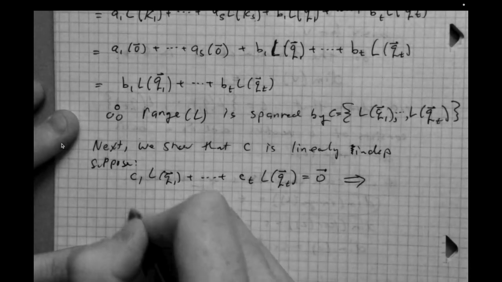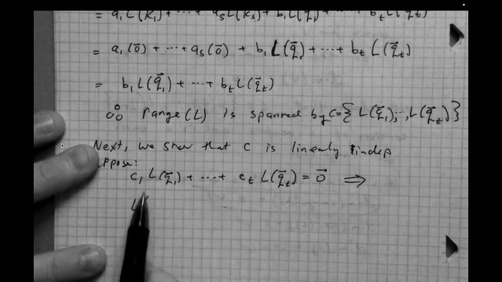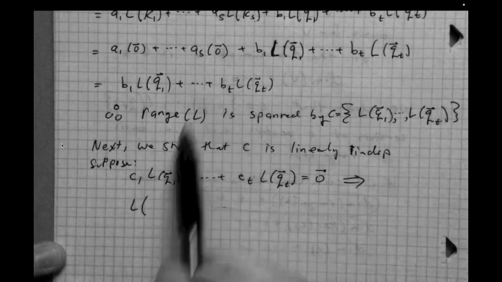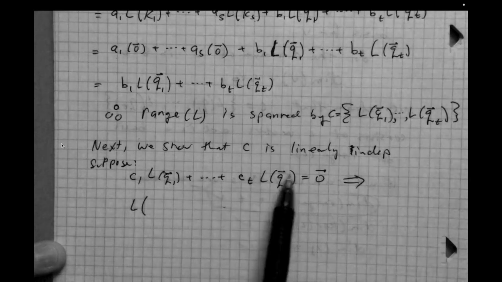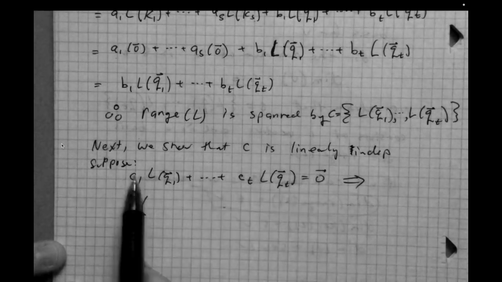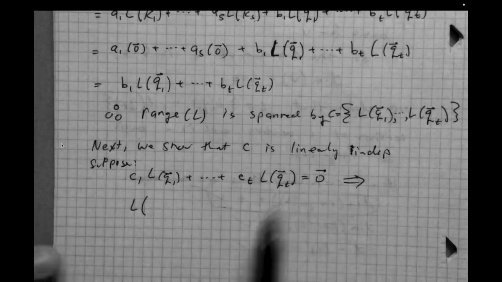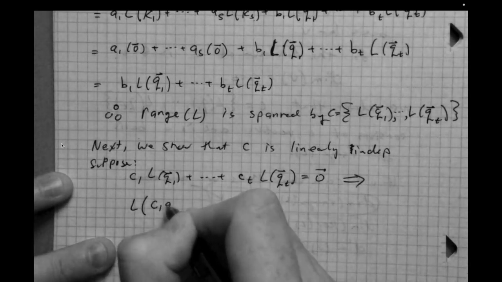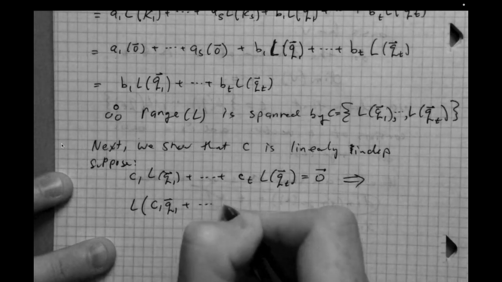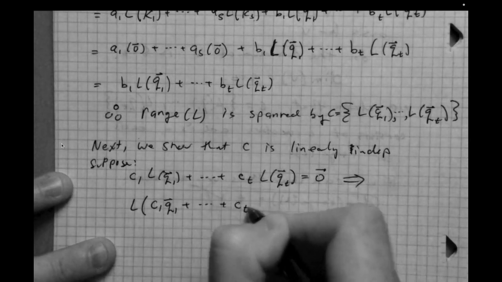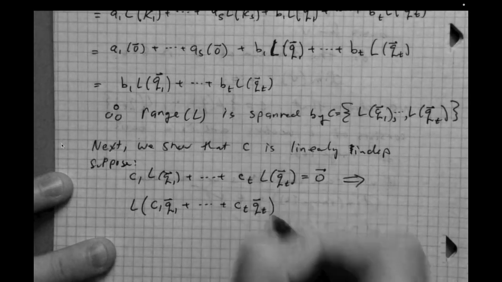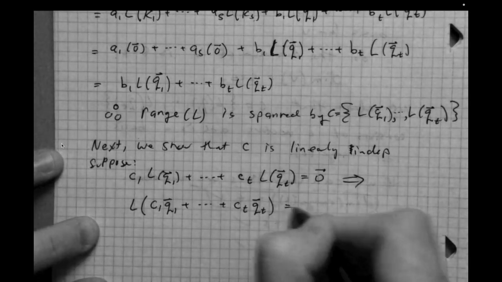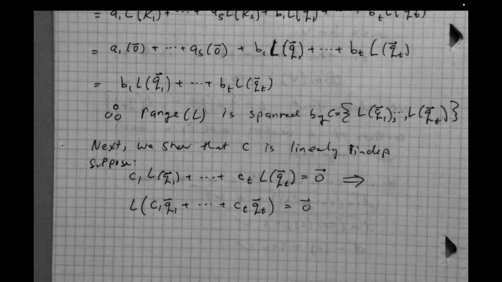Then basically we can do the reverse of what we did up here. Instead of having the separate linear transformation on the vectors, we can apply the linear transformation to the entire linear combination. So L of C1 Q1 plus ... plus CT QT must be equal to 0 as well. And what does that imply?